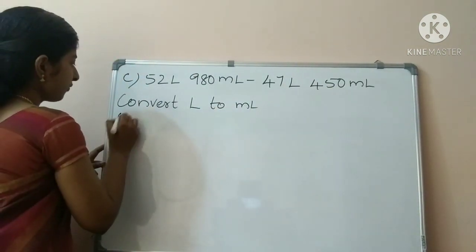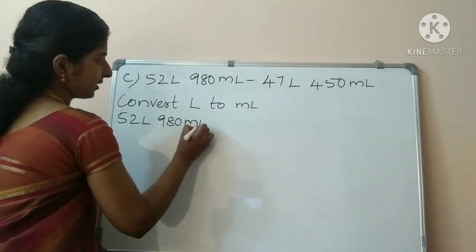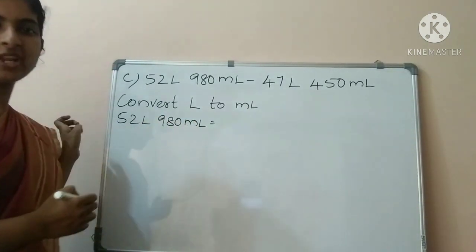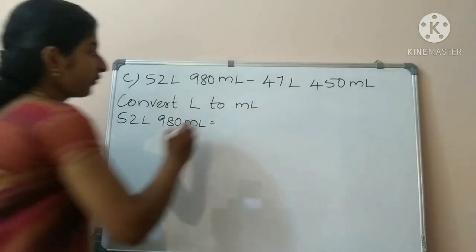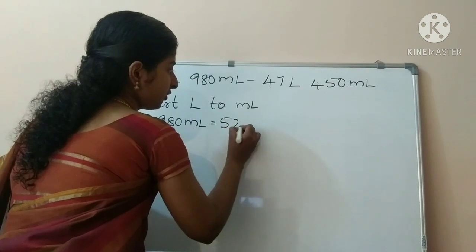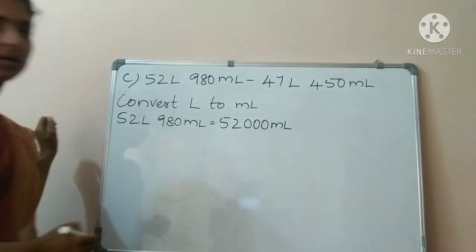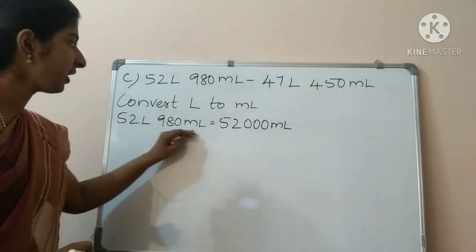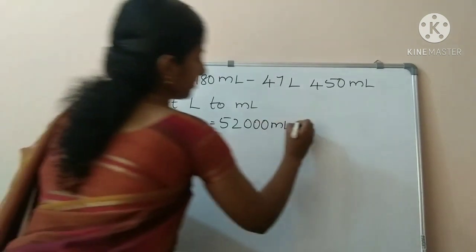First term is 52 liter 980 milliliter is equal to 52 liter, how many milliliter? Yes, 52,000. That is 52 then 3 zeros. 1000 milliliter. Then 980 is already in milliliter, so there is no change.